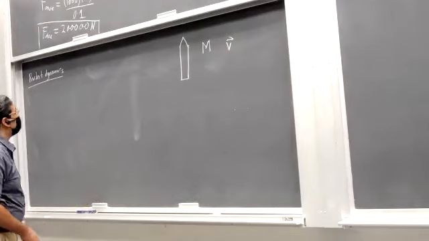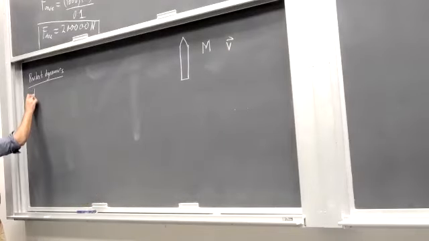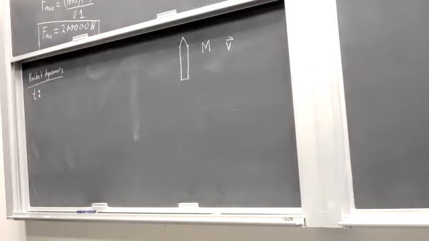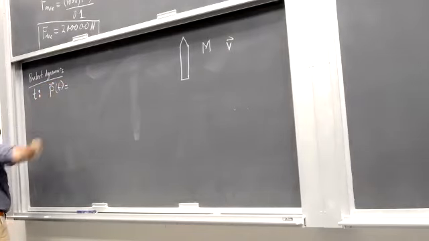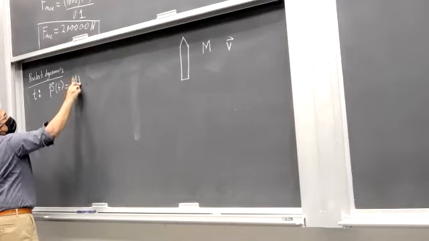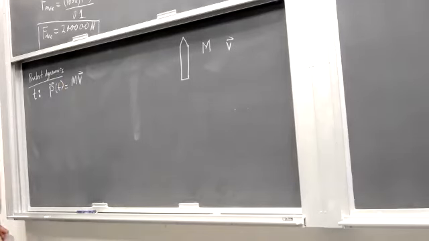So at time t, the rocket has a momentum. Let me write it, P of t equals mv. Any difficulty about this?